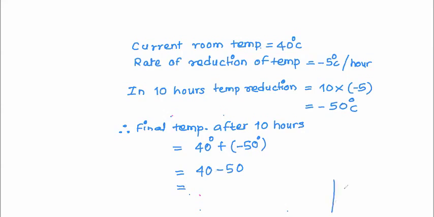So it is going to be subtraction. So let's do the subtraction in our rough area. 50 minus 40 is equal to 10. So the answer is 10, and answer gets sign of greater number. So what is the greater number here? 50. What is the answer? Sign of 50? Minus. So the answer gets minus. So the final temperature is going to be minus 10 degrees centigrade.